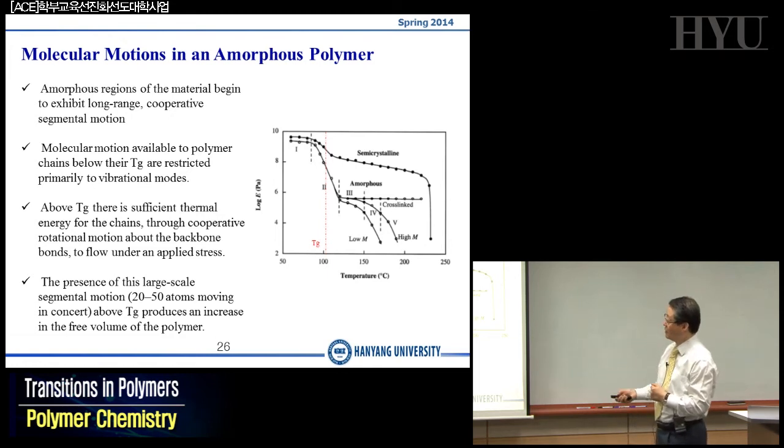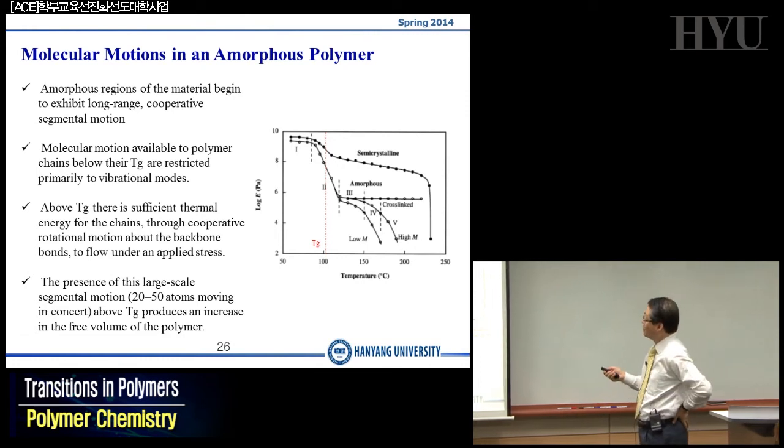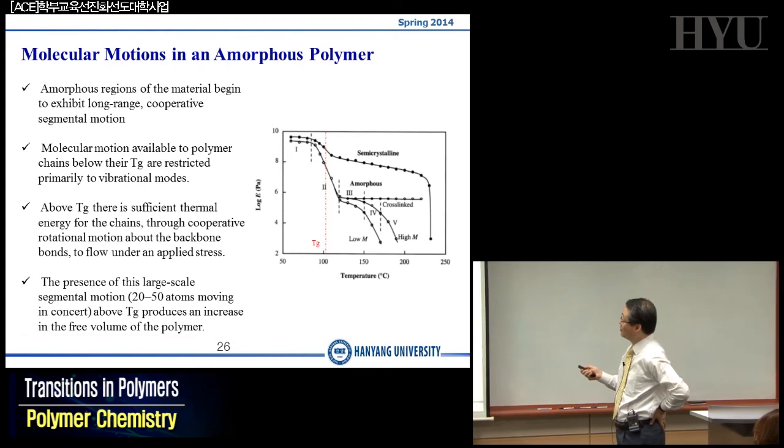Okay? This is the brief description of the glass to rubber states. For semi-crystalline materials, you can detect the glass transition temperature at the transition from the high modulus region to the low modulus region, and the midpoint is regarded as TG.